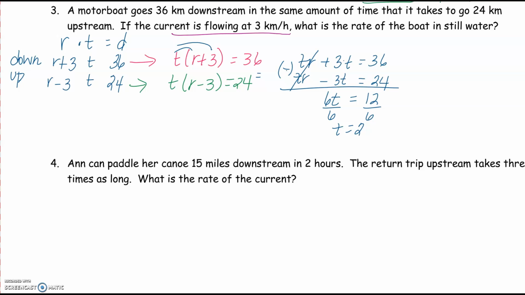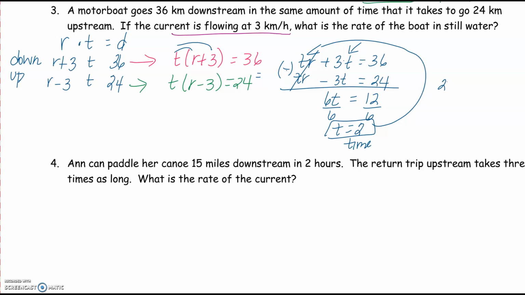Okay, so T equals 2, remember this is time. So we're going to plug that into one of the equations. Or you could have plugged it into the very first one if you wanted to, where it was T times the sum of R plus 3 equals 36.